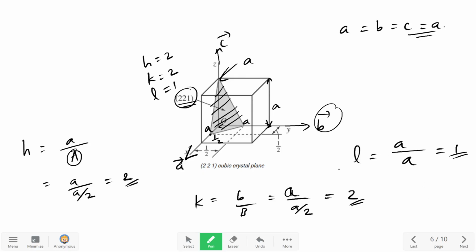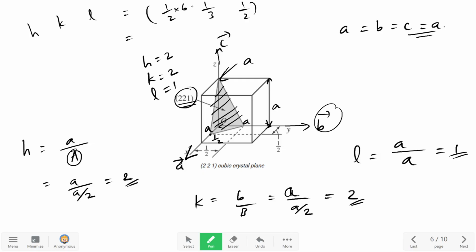Now suppose we get a fraction, like let's say you got HKL equal to 1 by 2, 1 by 3, 1 by 2. Then you cannot write it as a fraction. You have to multiply with a common number and make it integers.